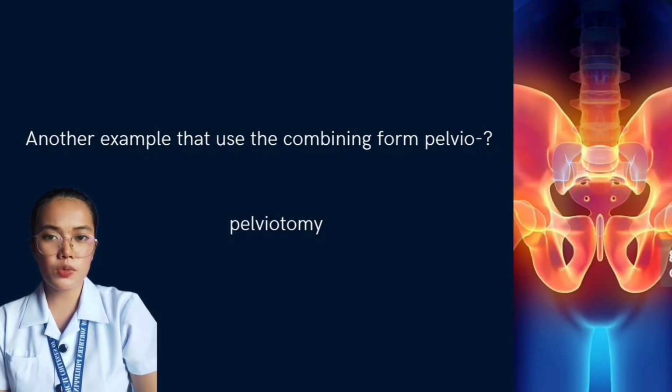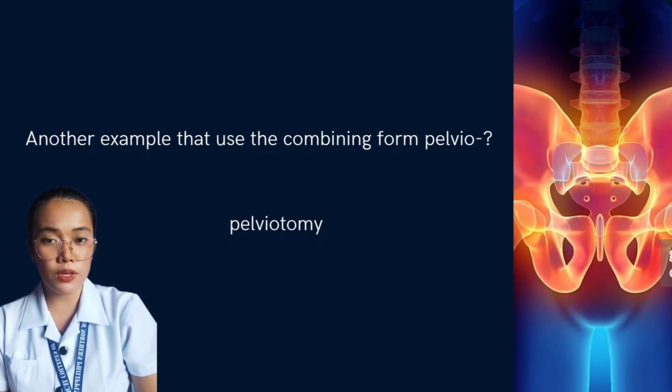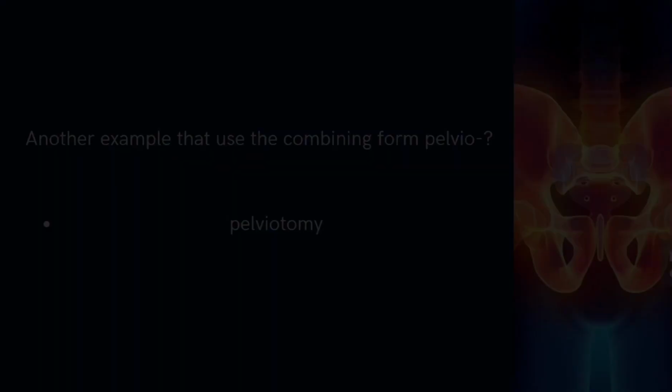Another example for this one is the pelviotomy. It is an outdated surgical procedure in which the cartilage of the pubic symphysis is divided to widen the pelvis, allowing childbirth when there is a mechanical problem. Pelviotomy is also known as symphysiotomy or the synchondrotomy.